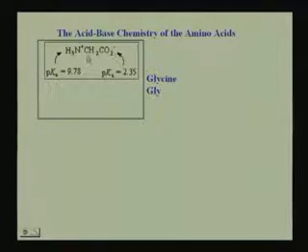Now this is zero charge, right? Because it has reached the point where it has lost the carboxylic H+, the proton belonging to the COOH, and it is yet to lose its proton that is attached to the amino group of the amino acid.